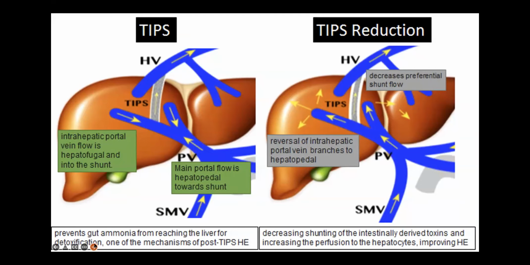TIPS reduction is always an option if you really can't control the hepatic encephalopathy. Reduction means that you decrease the diameter of the TIPS. You can also embolize or obstruct the TIPS. By decreasing the shunting, the hepatic encephalopathy decreases.